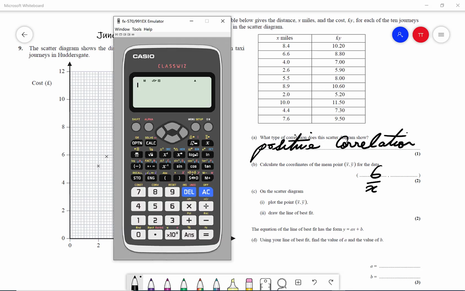Now I want to work out what y bar is. So that's 10.2 plus 8.8 plus 7 plus 5.9 plus 8 plus 10.6 plus 5.2 plus 11.5 plus 7.3 plus 9.5, divided by 10, and that gives me an answer of 8.4.